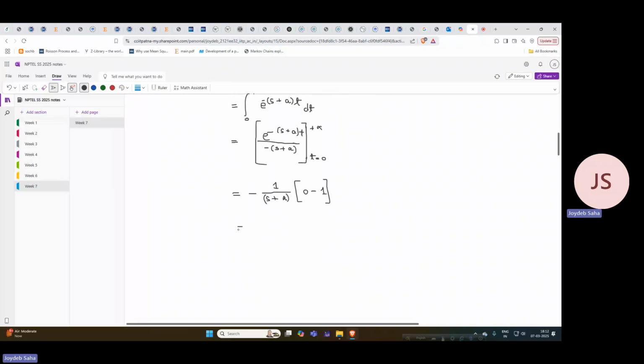So this is basically 1 upon s plus a, for s greater than minus a. Why? Because this is the region of convergence.